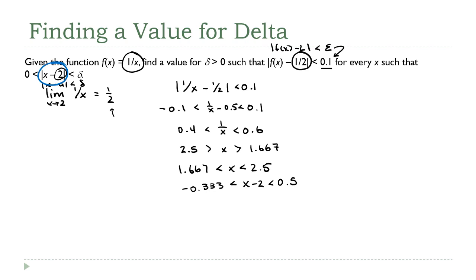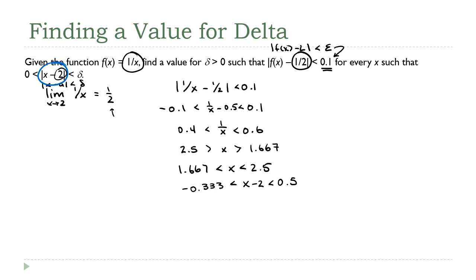And there's my interval. If I pick an x value from this interval from negative 0.33 to 0.5, I can be absolutely certain that the functional value is going to be within 0.1 of 1/2. And that's good, right? We've got this interval. But we need a value of delta.